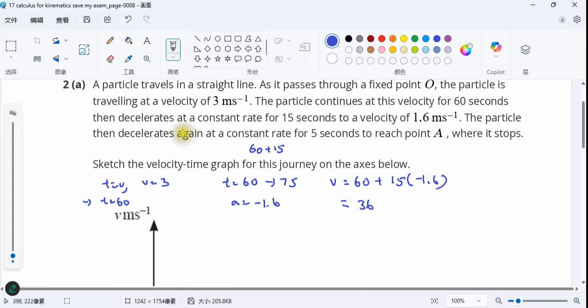The particle then decelerates again at a constant rate for 5 seconds to reach point A where it stopped. So the t will be 75 until 80, 5 seconds until it stopped.